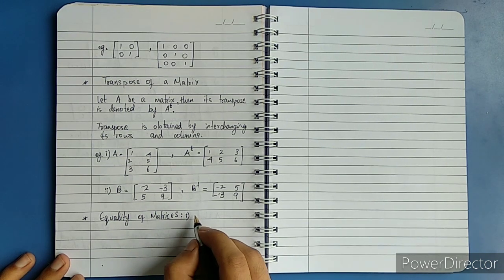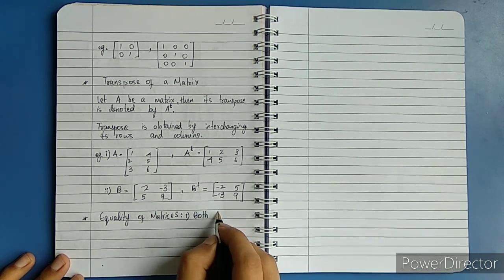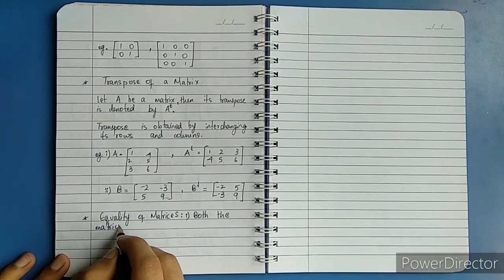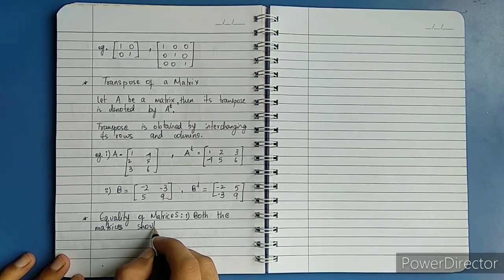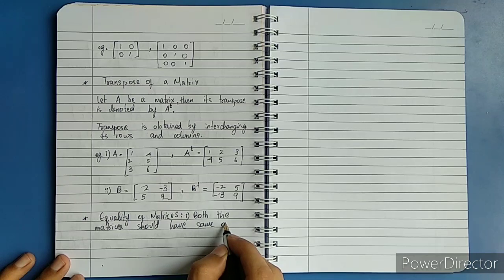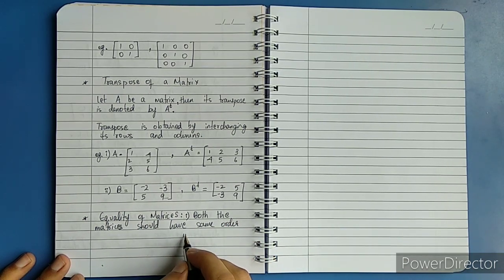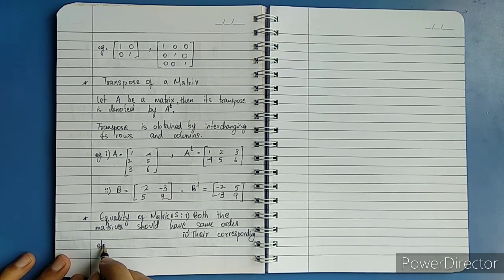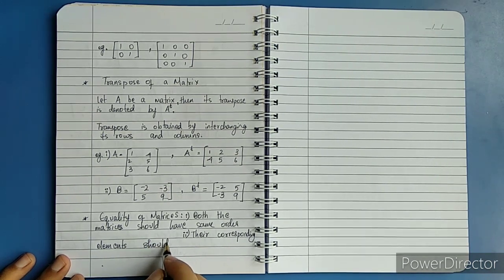First, both the matrices should have the same order, and second, their corresponding elements should be equal.